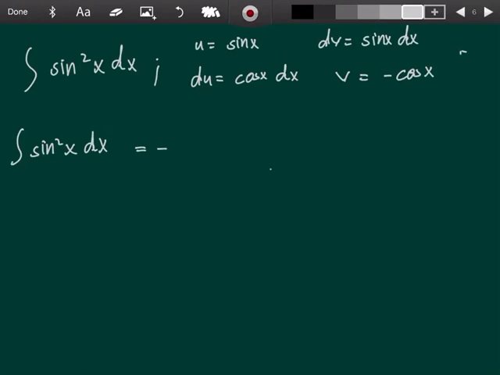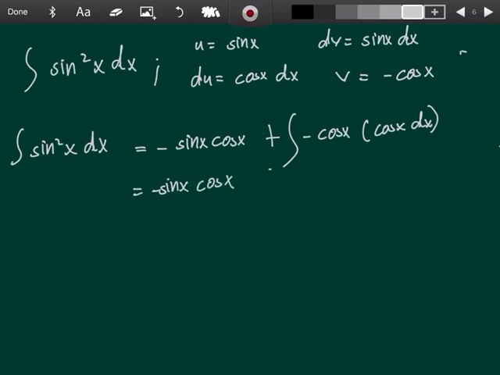Negative sine x cosine x plus, v du, negative cosine x times cosine x dx. So, naging ano siya? Negative sine x cosine x minus integral of cosine squared dx.